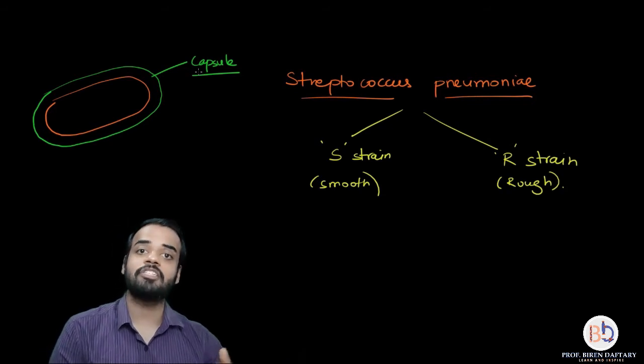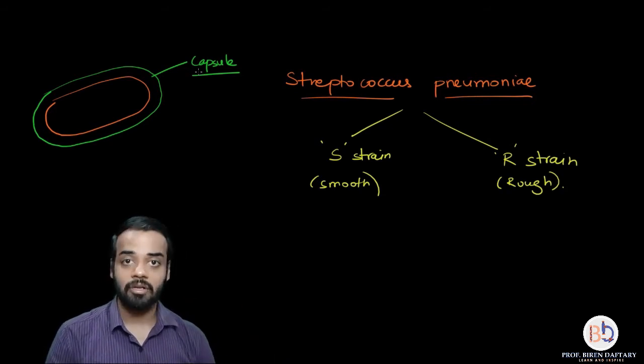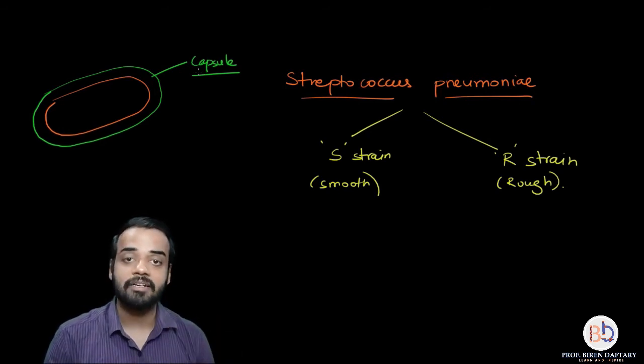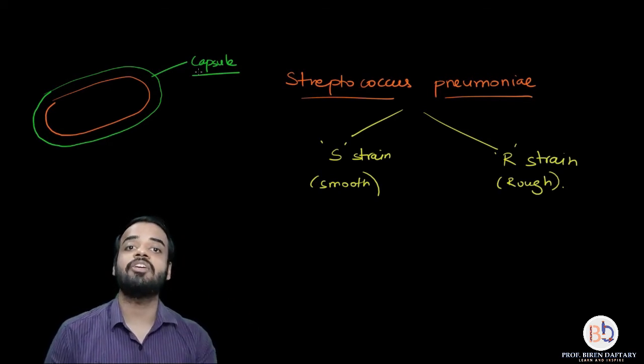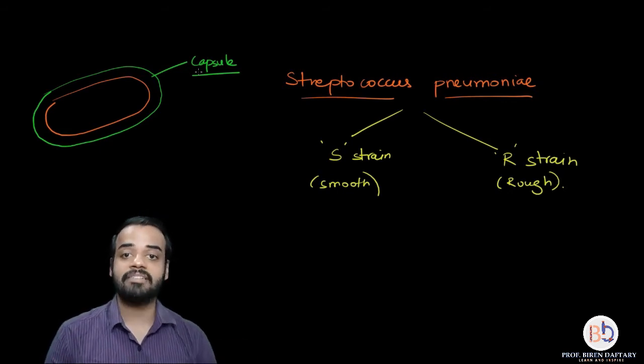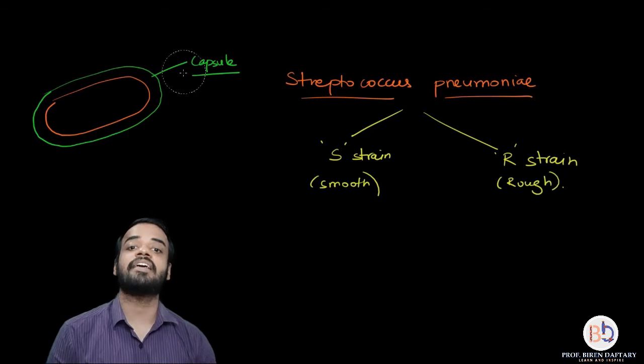Capsule is something which is present outside the cell wall. So there is cell membrane, then cell wall, and then there is capsule in bacteria. So this capsule gives the S strain its pathogenicity or the ability to cause the disease. Now if I talk about the R strain, the R strain doesn't have any capsule.